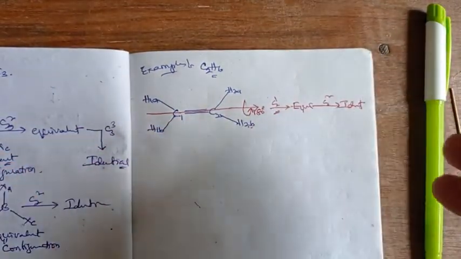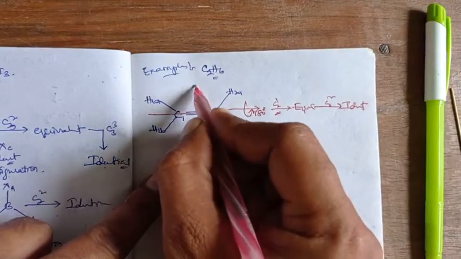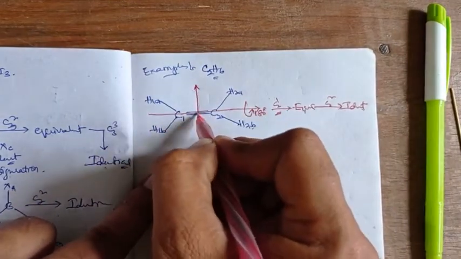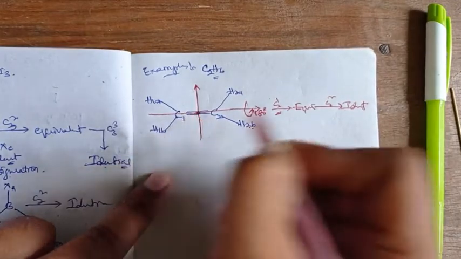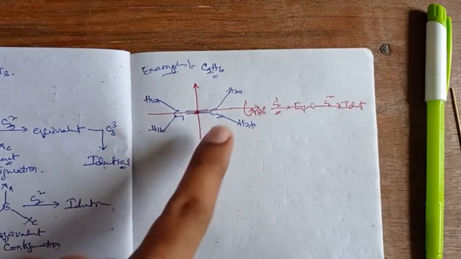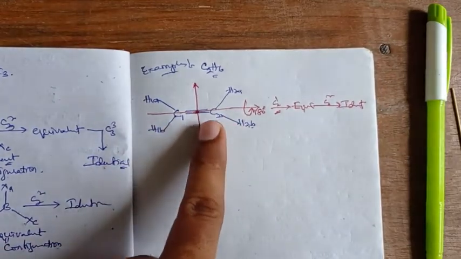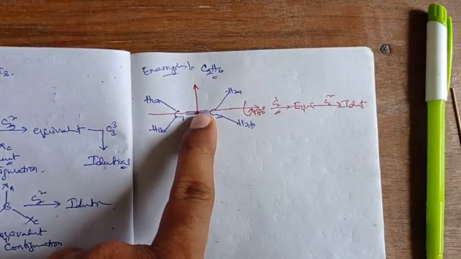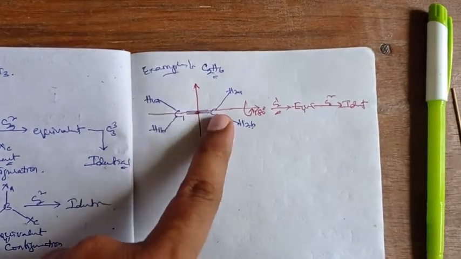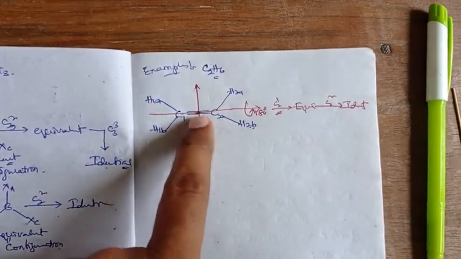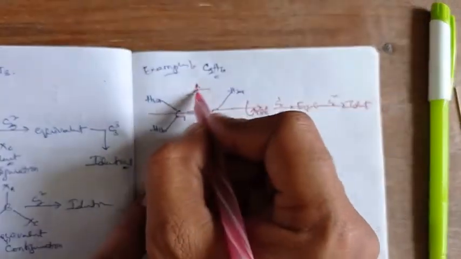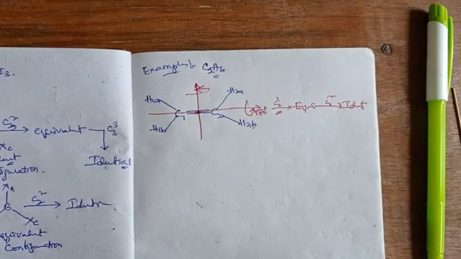How would it be? This is one. Another is a vertical axis in between the carbon-carbon double bond, passing through the center of gravity point. We know the center of gravity point is exactly the middle of the carbon-carbon double bond. Through that, vertically, when we take an axis and do a 180 degree rotation, what happens?